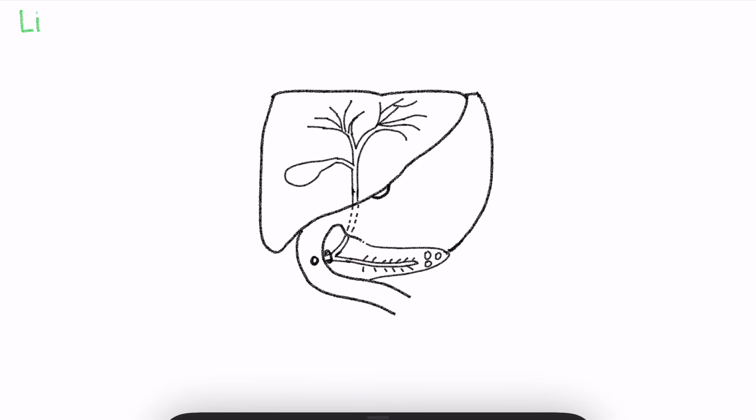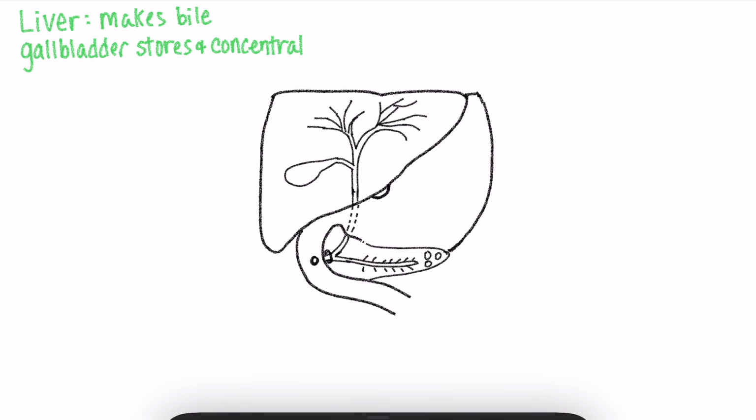First of all, the liver is the important start point for bile. The liver makes bile, and then the gallbladder stores and concentrates that bile. I'll go ahead and color over here the gallbladder.